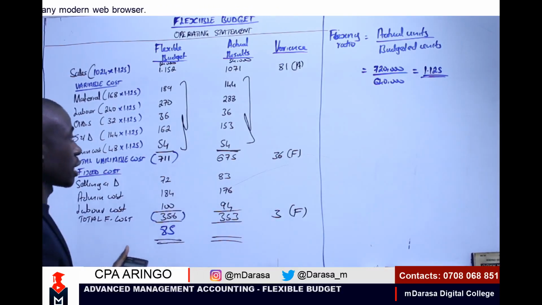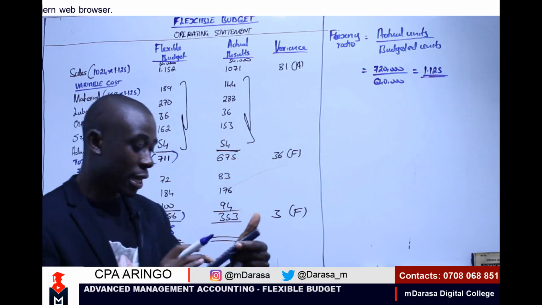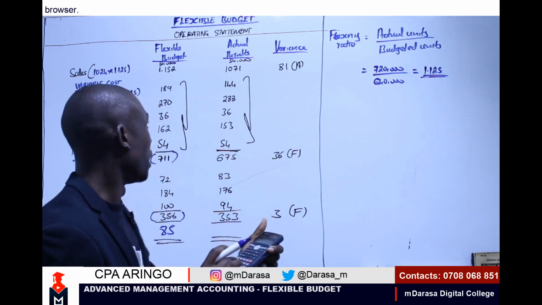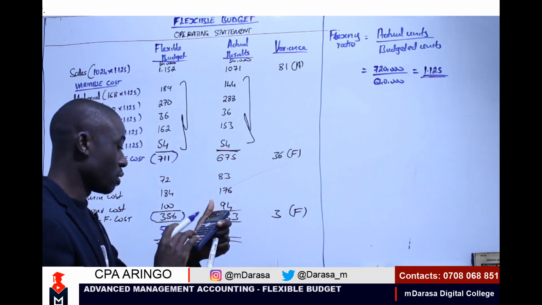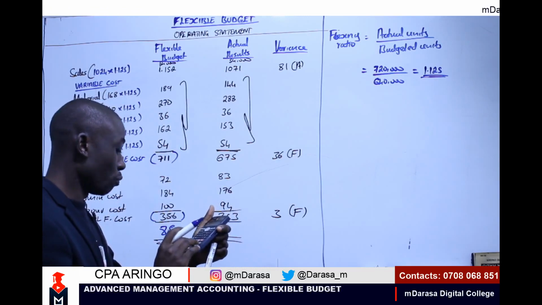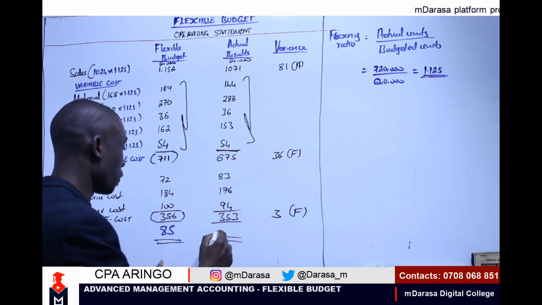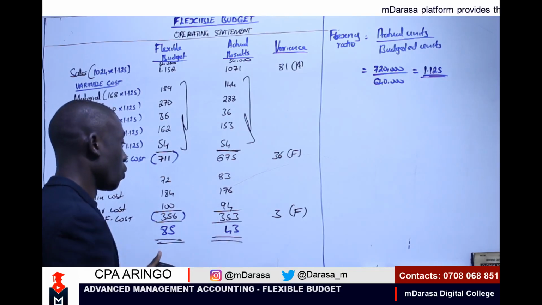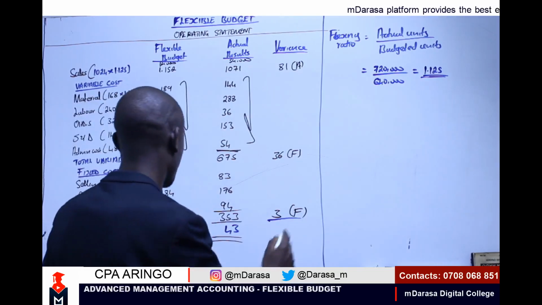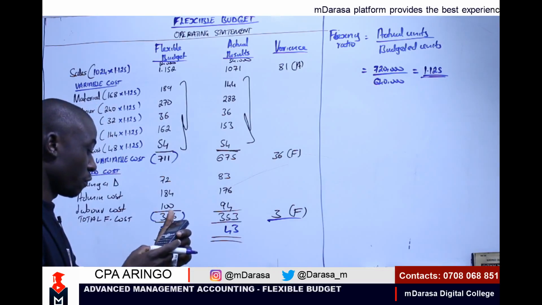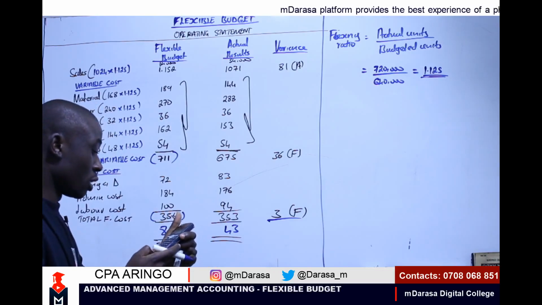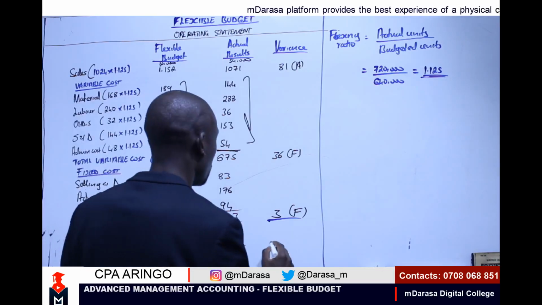What about the actual? I should be having 1071 minus 675 minus 353. So I should be talking of 43. What about our variance? 85 minus 43 to give me a figure of 42.